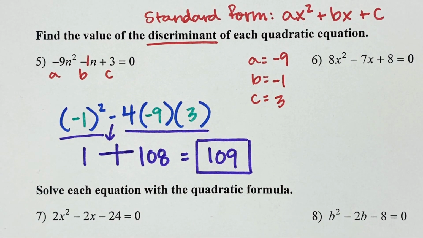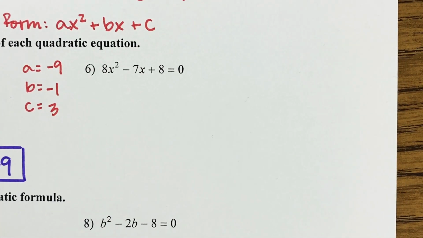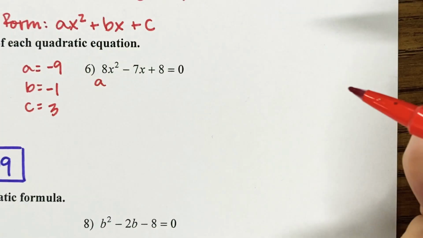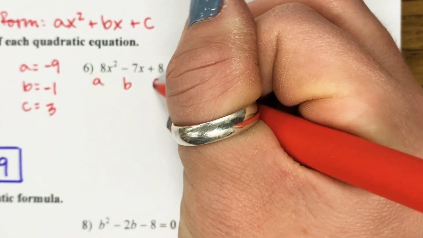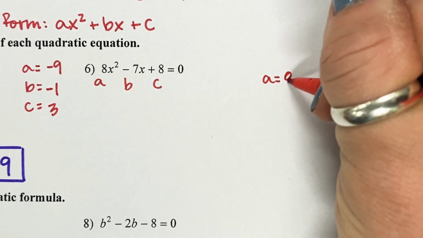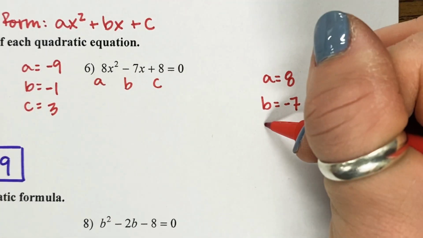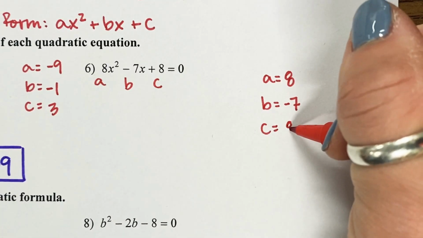Okay, great job. Let's do number 6. Let's first identify our a, our b, and our c. I know that a is in front of my x squared, b is in the middle, c is at the end. So a is positive 8, b is negative 7, and c is also positive 8.